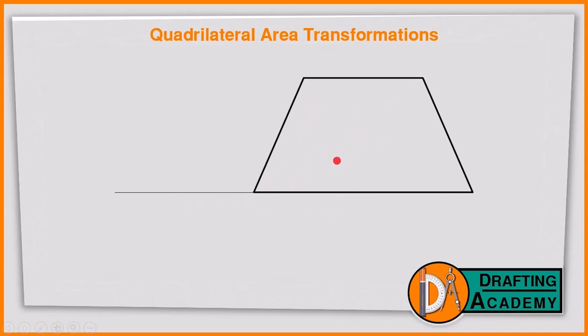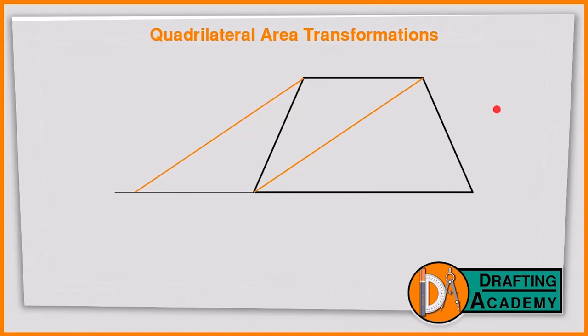It can be a trapezium like this or any quadrilateral. So if we join this vertex and this other one here, you notice we form kind of a triangle. This is what you should be looking for. The two vertices that you join should form a triangle with two sides of the figure that you want to transform. After that, we're going to draw a parallel line to this orange line.